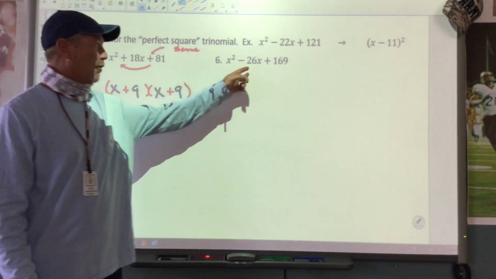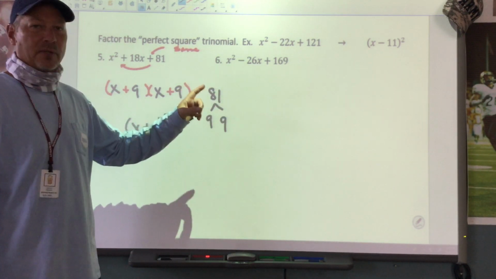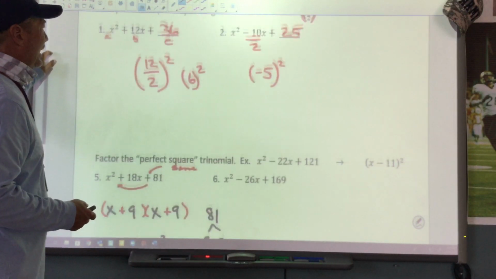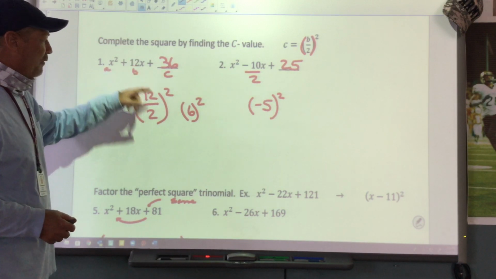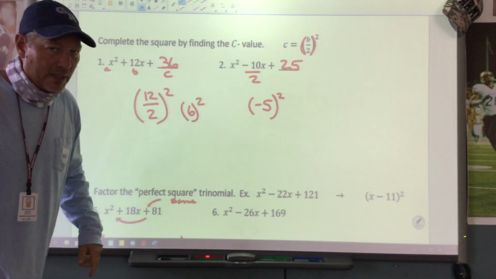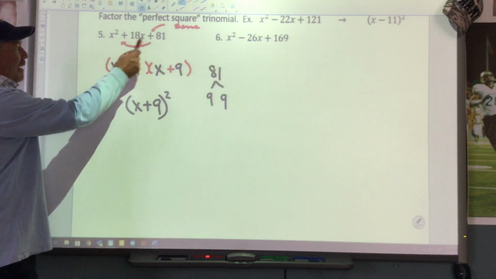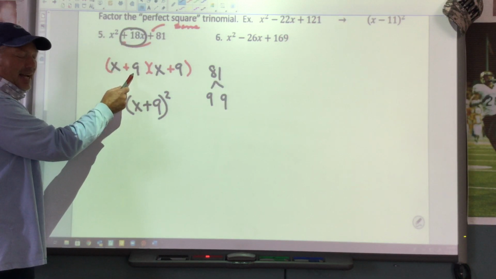In this one over here, the quick way to do this, remember how we did this? We said that half of 12 is 6. That's something we can think of. Look, what is half of 18? 9.